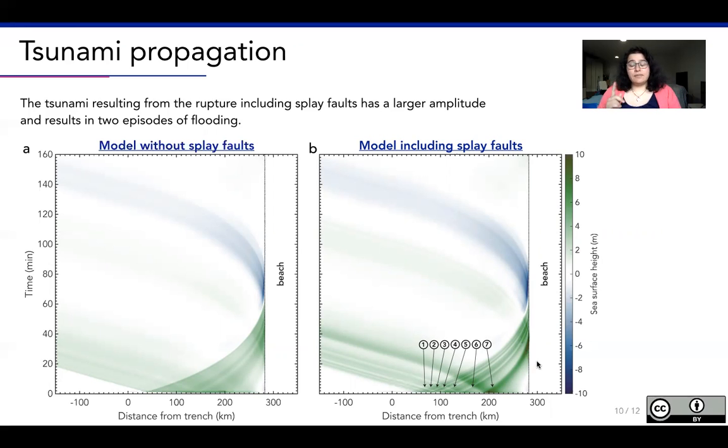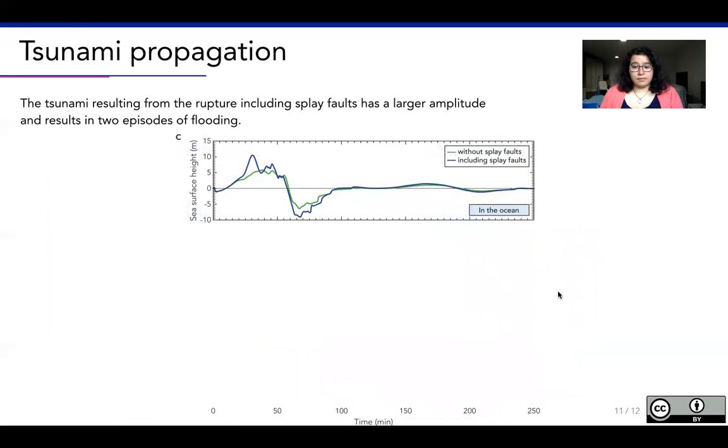And we can see this even better if we look at some time evolutions for different points. Here we see for a point in the ocean how the sea surface height develops. So we see in blue the model including splay faults, and in green the model without splay faults. And we see, more or less, one wave for both.